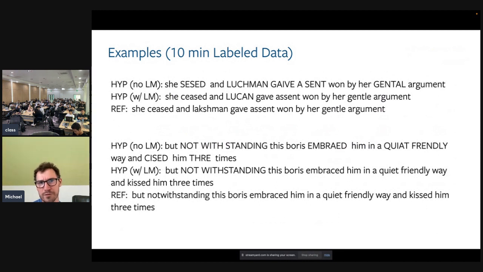But with a language model, it can get better. And there's still a few errors, but it's nice to see that you can get a usable, or close to usable transcription with just so little training data.